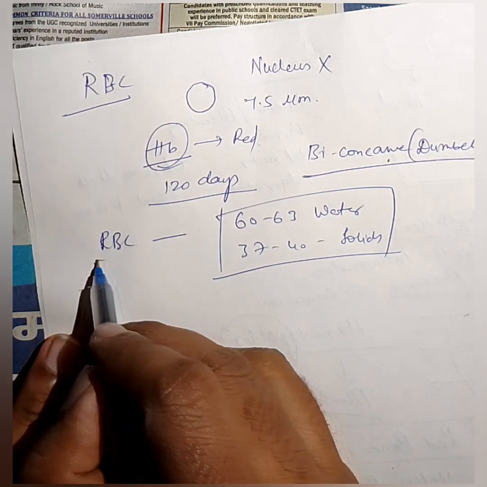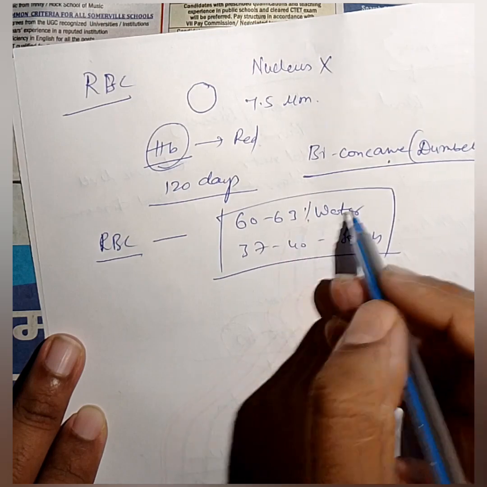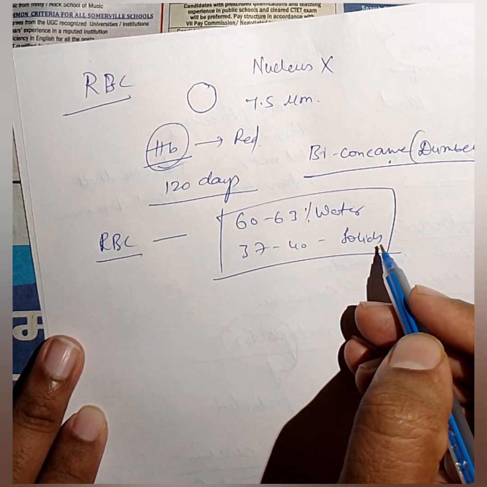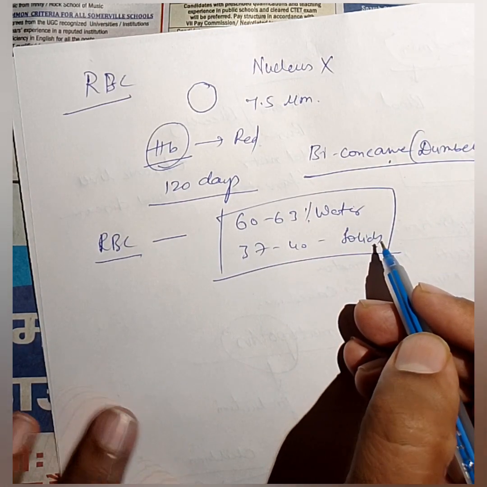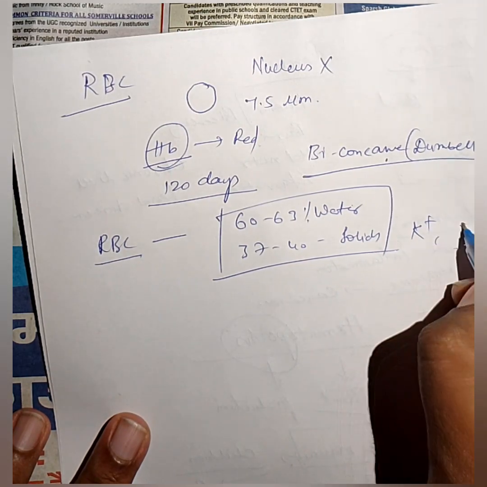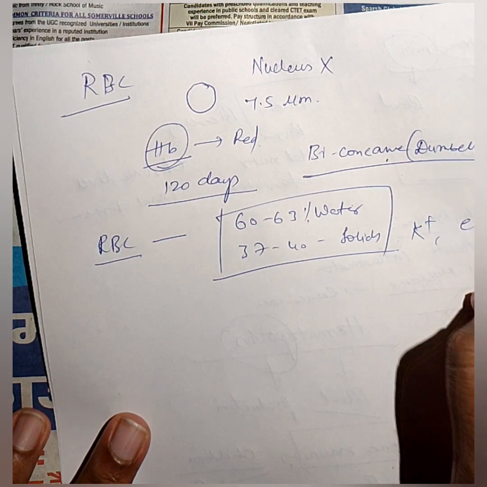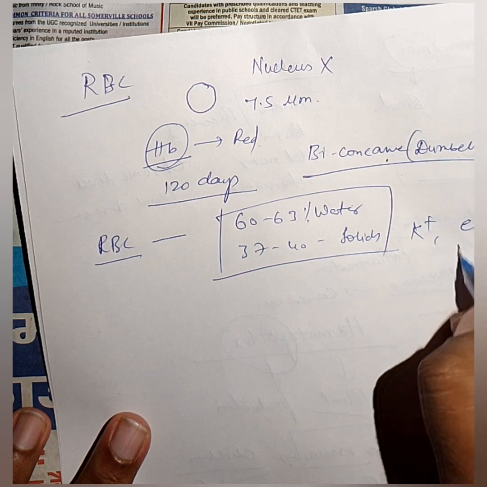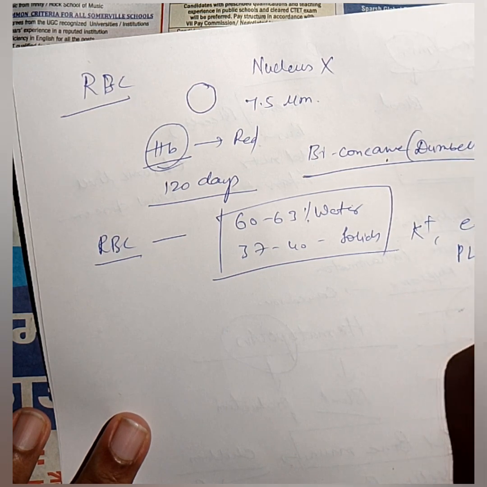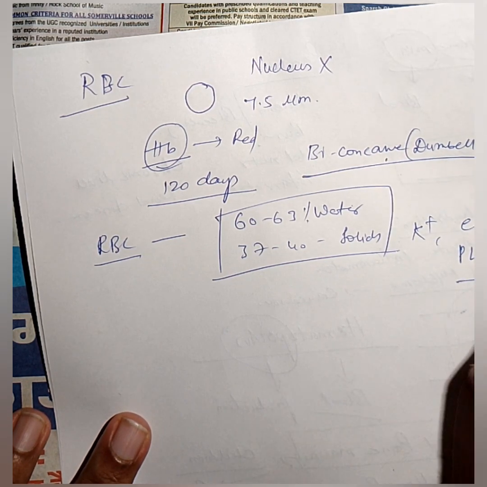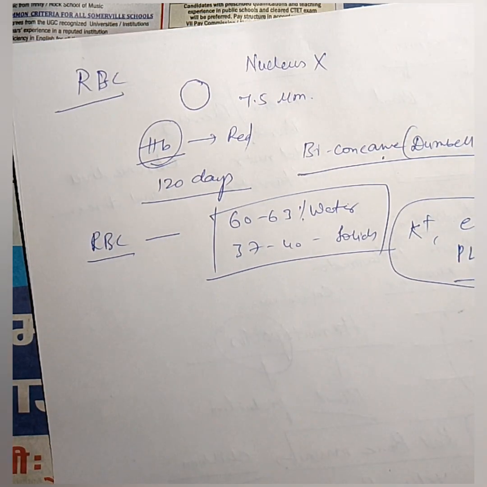In the same way, in RBC we can see 63% of water and 37% of solids. The solids include potassium, enzymes, ATP, phospholipids, cholesterol, etc. All these are the solids which are present in the RBC.